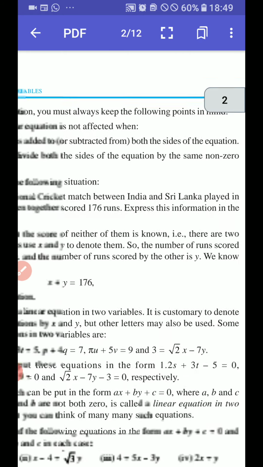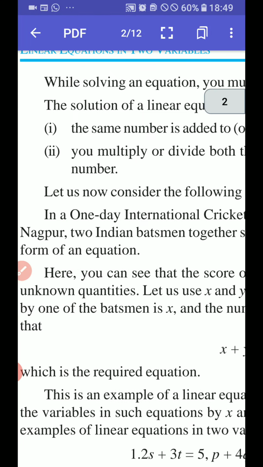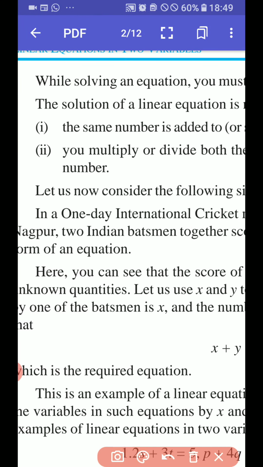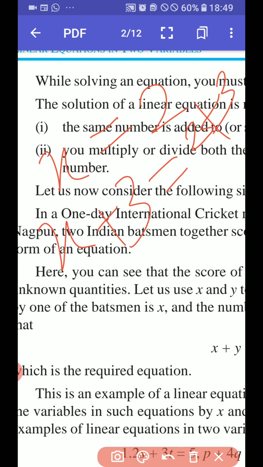It means, let us suppose you are writing x equal to 2. If you add 3 on both sides, the solution will not be affected: x plus 3 equal to 2 plus 3, that is x plus 3 equal to 5. The solutions of x equal to 2 and x plus 3 equal to 5 will be the same.